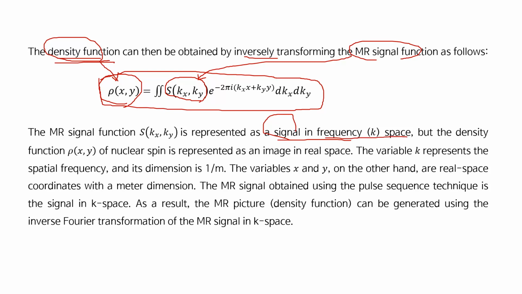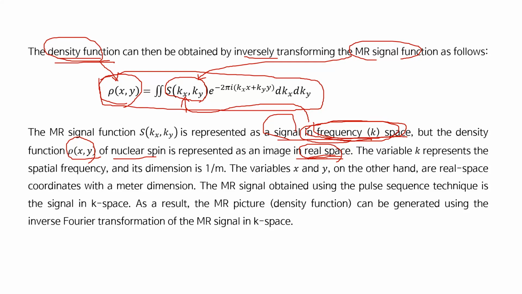So this is the function in the frequency space, so K space, but the density function rho(x,y) of nuclear spin is represented as an image in real space or image space.